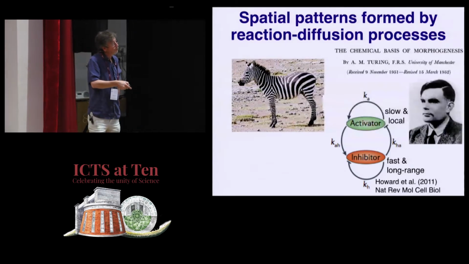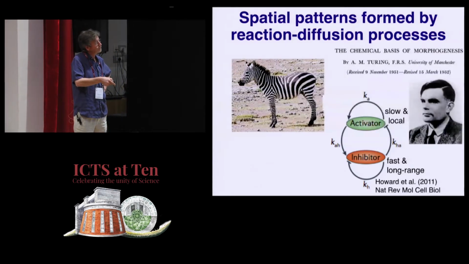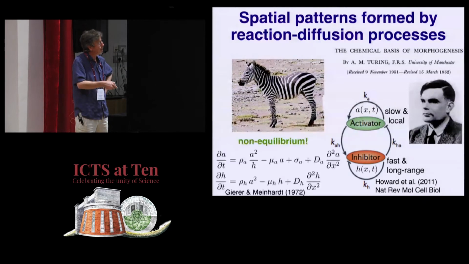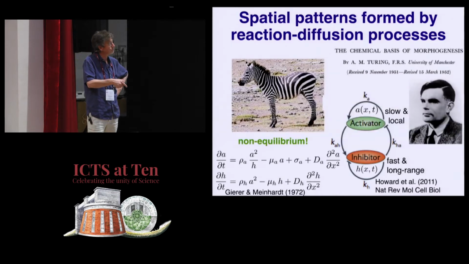And with just these simple two states, he was able to show that you can get instabilities that give rise to patterns and all kinds of dynamic phenomena. And this was formalized by Gierer and Meinhardt. I'm not going to go through these equations, but to show that you can get spatial patterns out of these very simple equations.